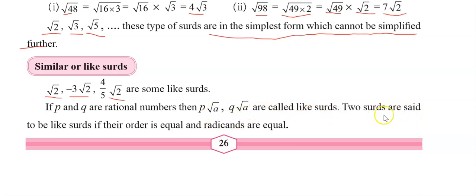Two surds are said to be like surds if their order is equal and the radicands are equal. In this case, their order is 2, the radicand is 2. All these three surds are like surds because their order is 2 and the radicands have the same number. Therefore these are like surds.